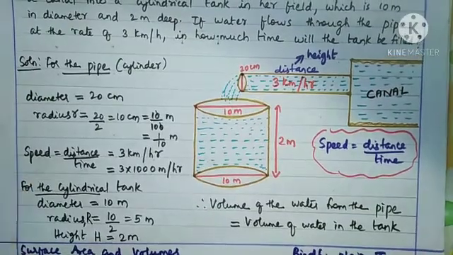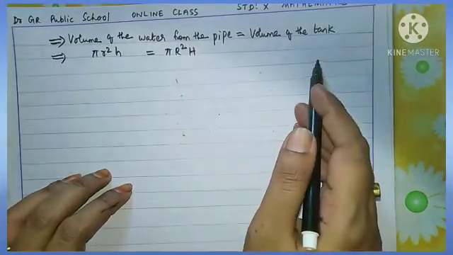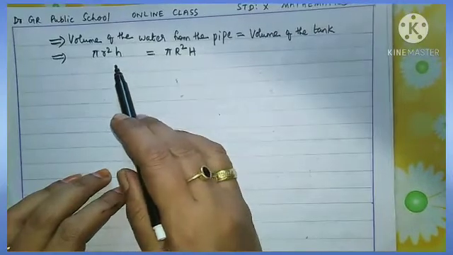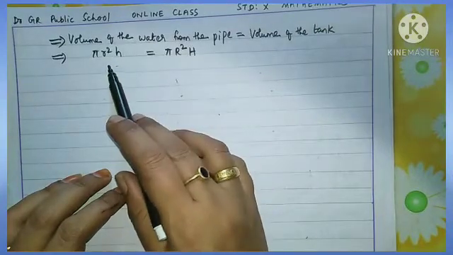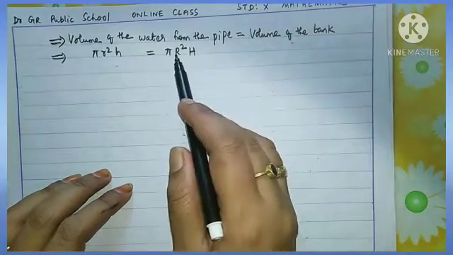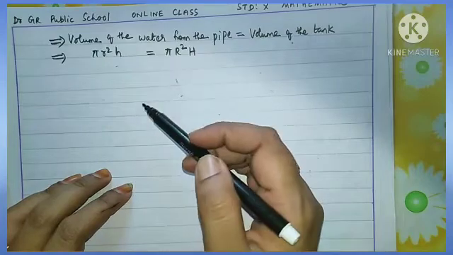So we can see the calculations. Children, see, I told you volume of the water from the pipe is equal to volume of the tank. So both are cylinders, so pi r square h, that is small r and small h, equal to the tank, for which we have taken capital R and capital H. So this is the relation.